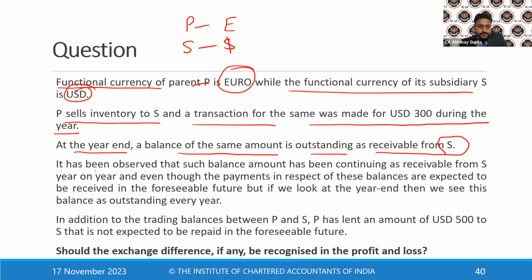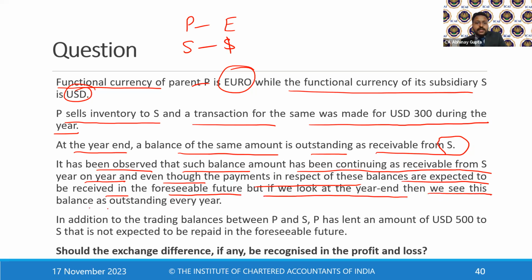It has been observed that such balance has been continuing as a receivable from S year on year, and even though the payments in respect of these balances are expected to be received in the foreseeable future, if we look at the year end, then we find these balances as outstanding every year and not being settled in the past.